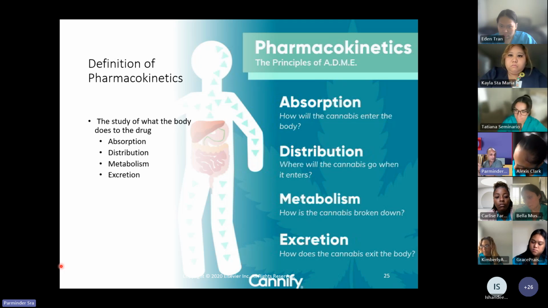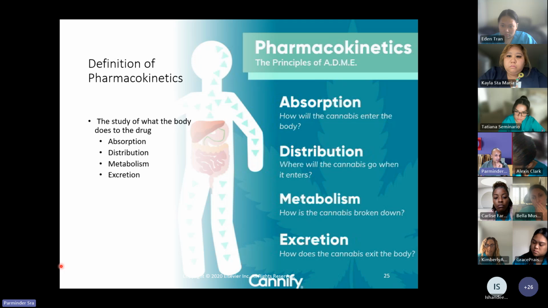So that's absorption. Now, distribution is how the drug spreads throughout the body tissues and fluids, because the drug may concentrate more in certain tissues like fat or muscle as compared to others. So that study is called distribution.